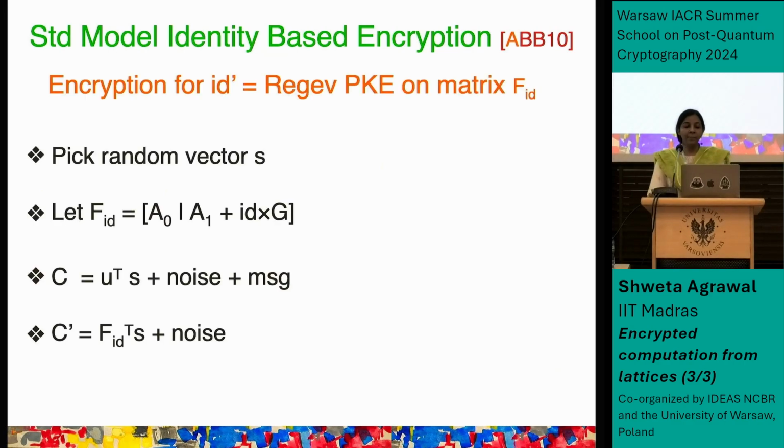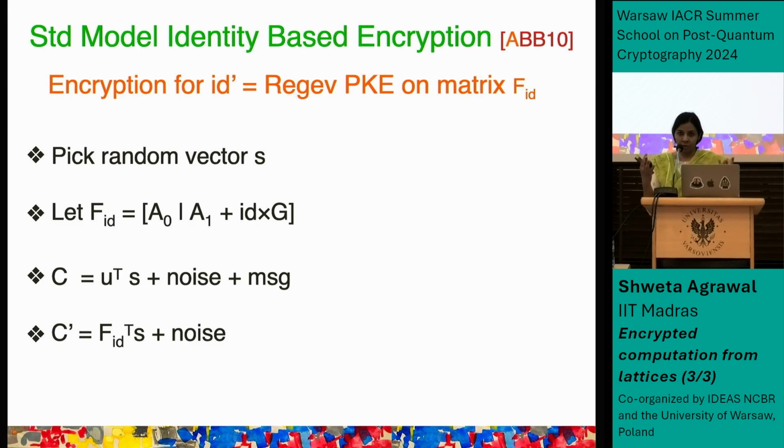So now how will my encryption proceed? It's once again the same thing. The difficult part was to figure out how to define FID. And this is really the core thing, which we will see in the proof. So we wanted to embed the identity into this matrix, right?